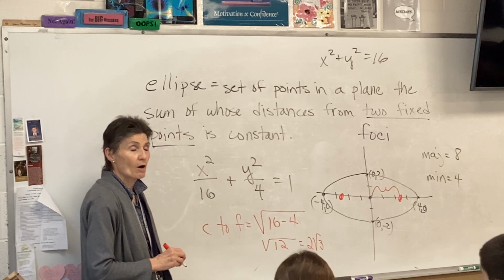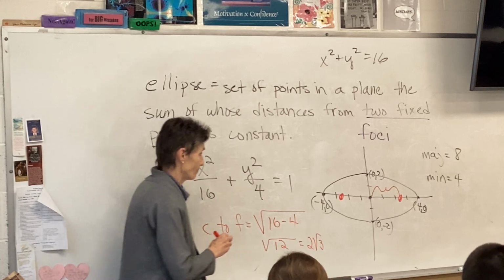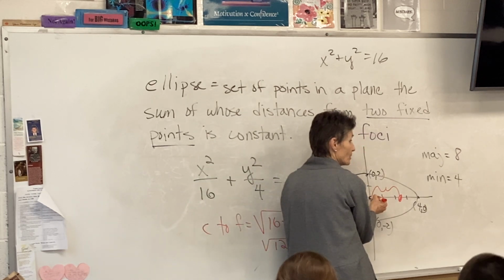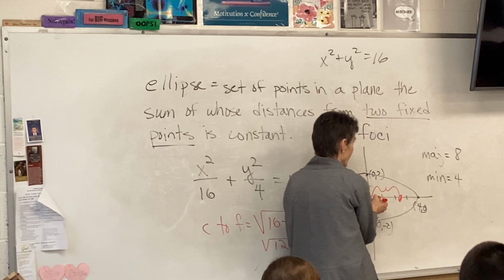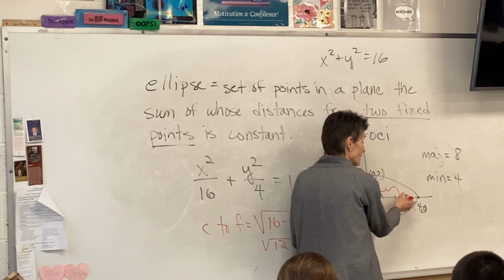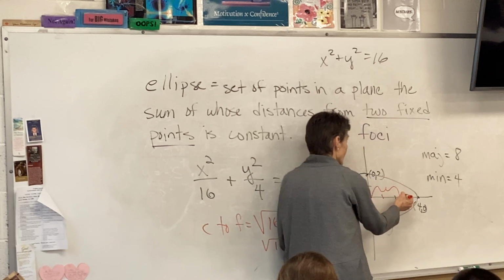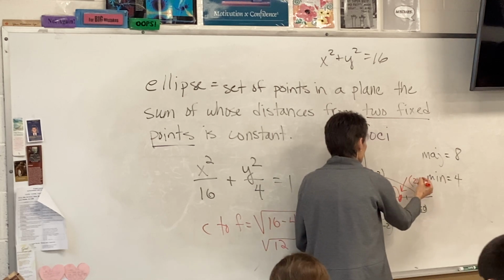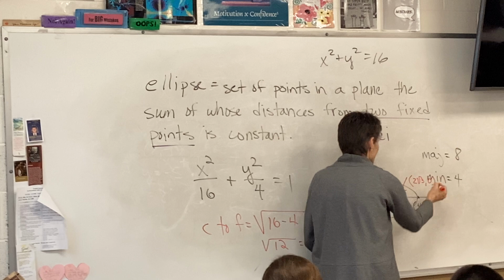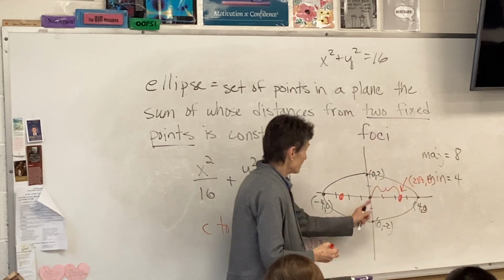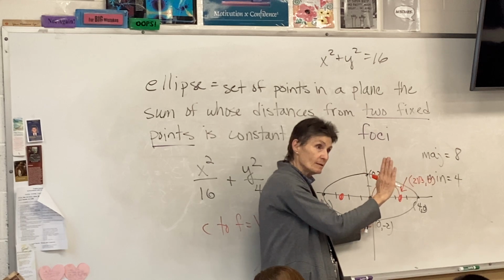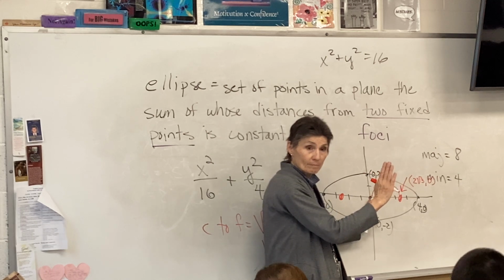So I'm going to start at the center, which is 0, 0, and I'm going to add 2 root 3. So this point right here is going to be 2 root 3, comma 0. If you start at 0 and add 2 root 3, then you're at 2 root 3.